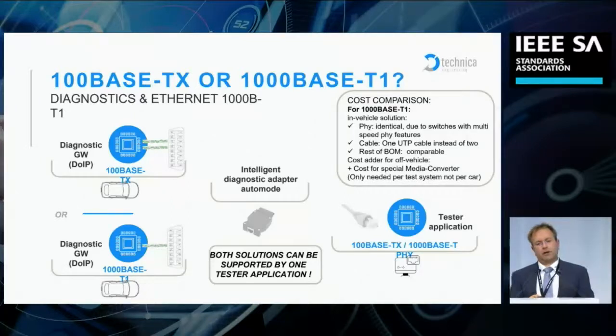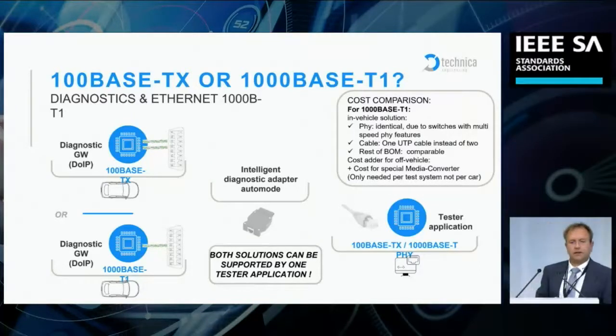So if you look now at a cost comparison, you see that if you go to a 1000BASE-T1 PHY, the in-vehicle costs are very similar to today's situation. So there's really not a big cost adder.